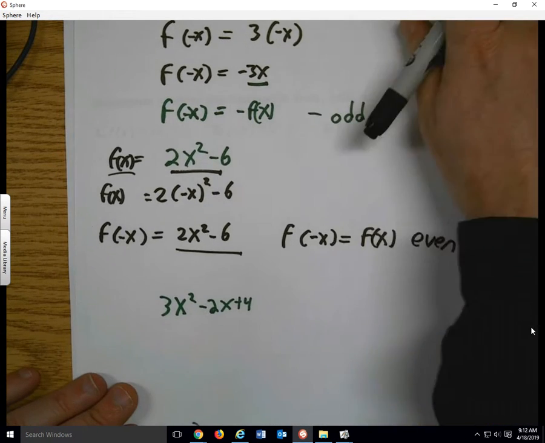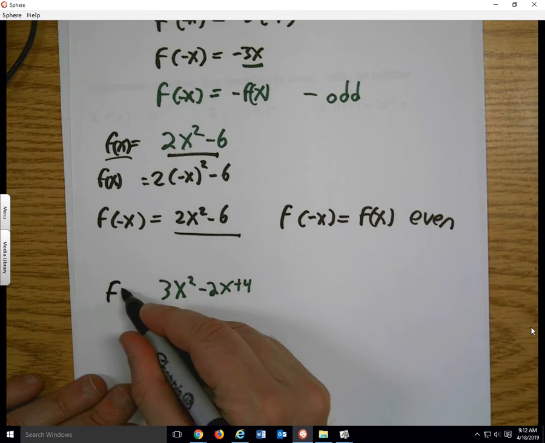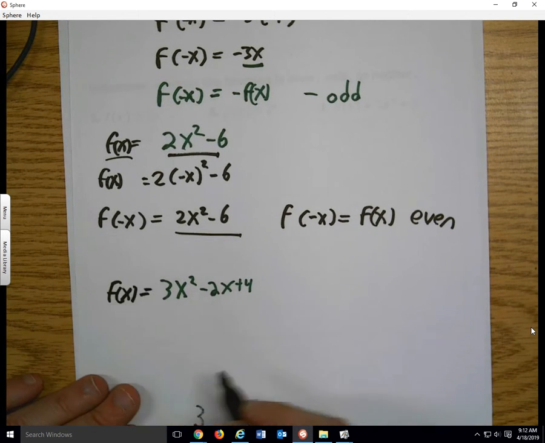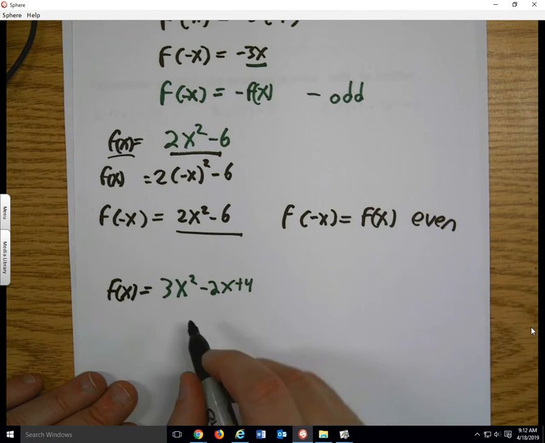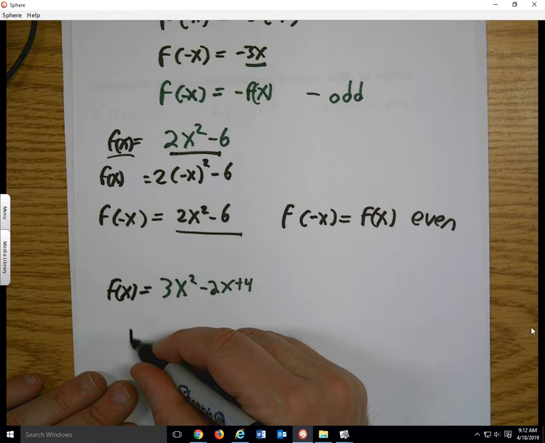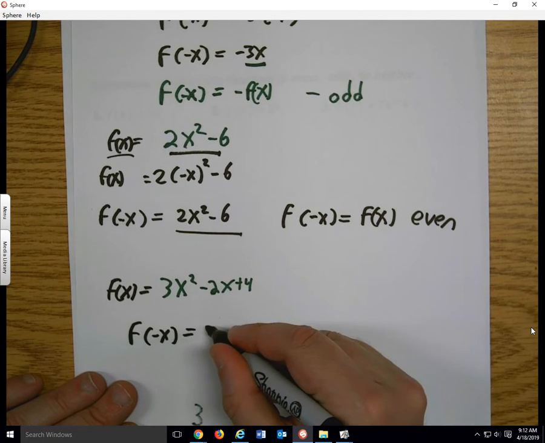Okay, last one I'm going to do, and then it'll be your turn. So same thing. Let's write the f of x here. So f of x equals this trinomial. Let's substitute a negative x in. That's all you have to do.